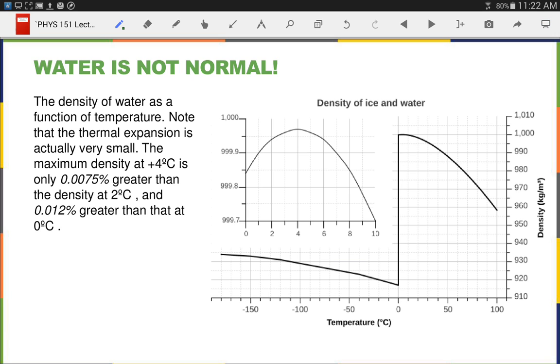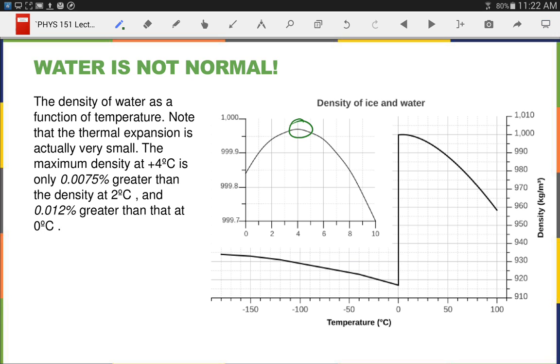Finally, the water. Water is anomalous for two reasons. Number one is water has its highest density at 4 degrees Celsius. If you cool water from 4 degrees Celsius, it becomes less dense instead of more dense.